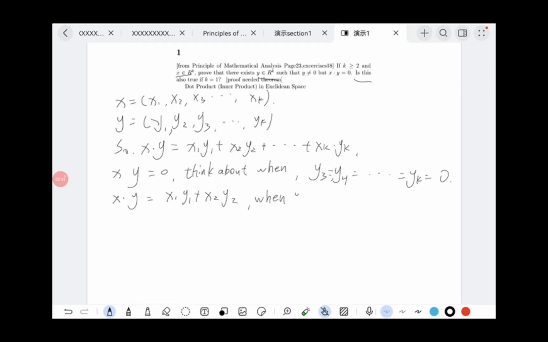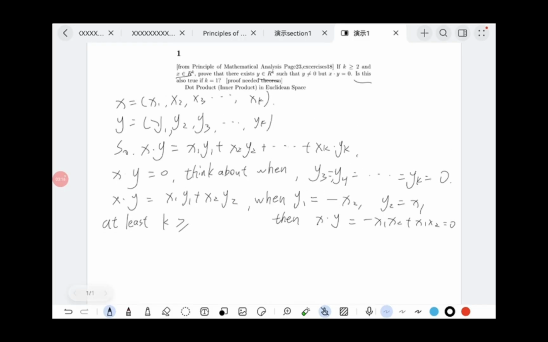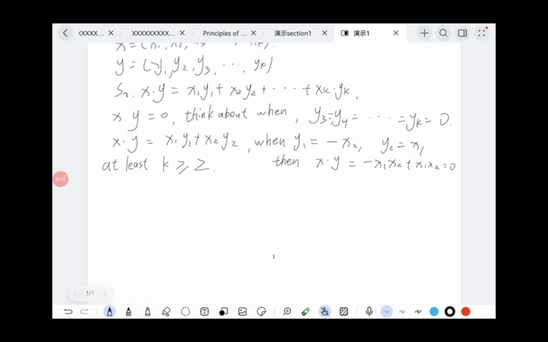When y1 equals minus x2 and y2 equals x1, then x dot y equals minus x1x2 plus x1x2, which equals 0. This construction works when k is greater than or equal to 2.